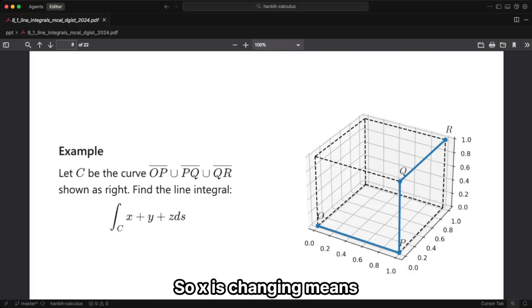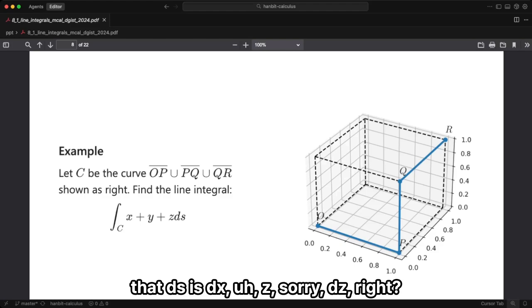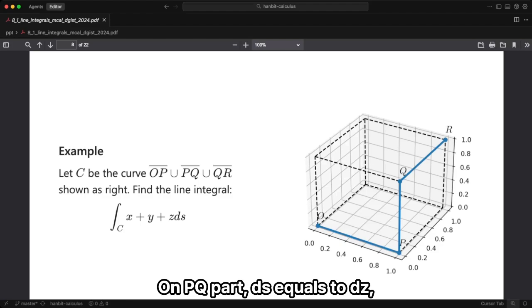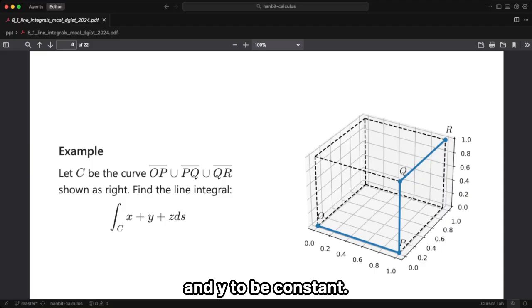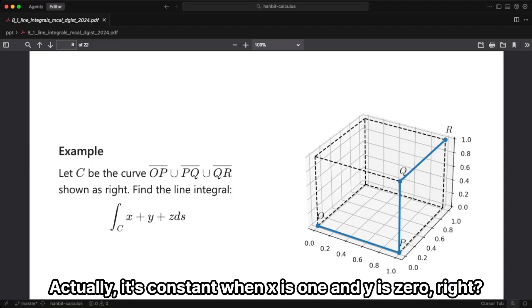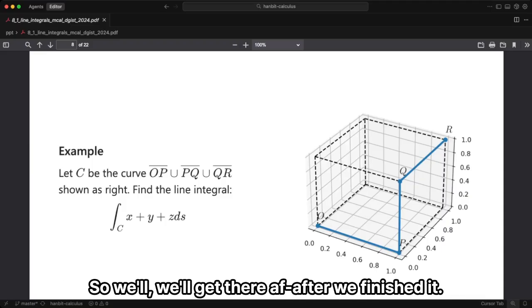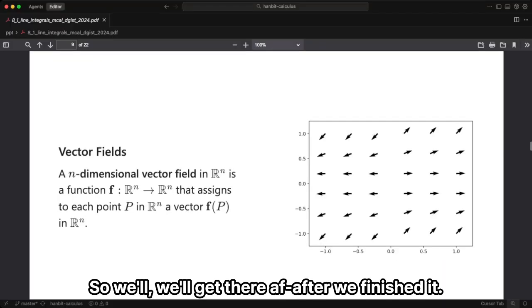So on the PQ part, ds equals dz. You can just compute the line integral as a single-variable integration, considering x and y to be constant. Actually, it's constant when x is 1 and y is 0, right? And z is changing. We'll get there after we finish.